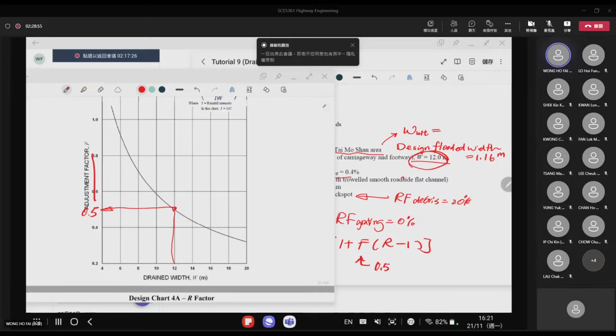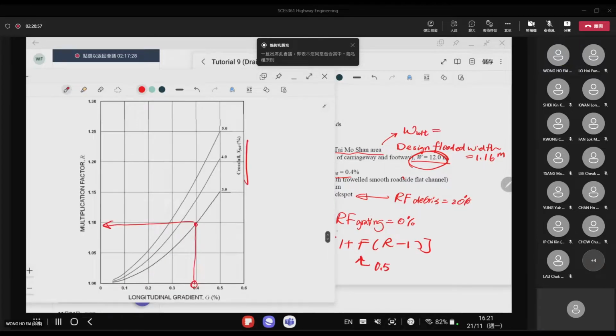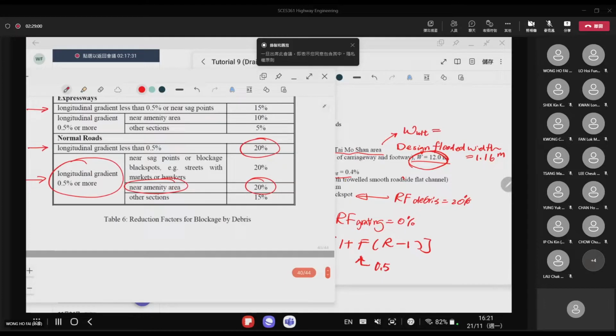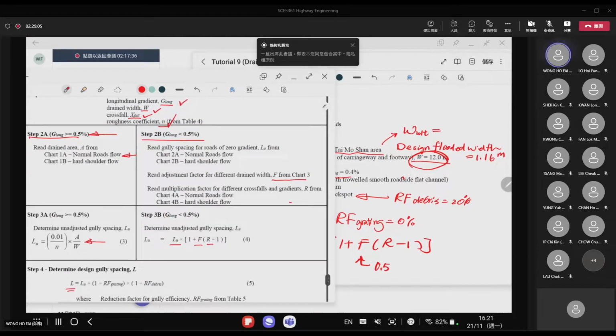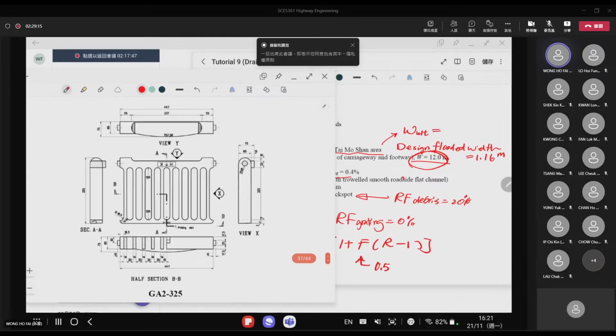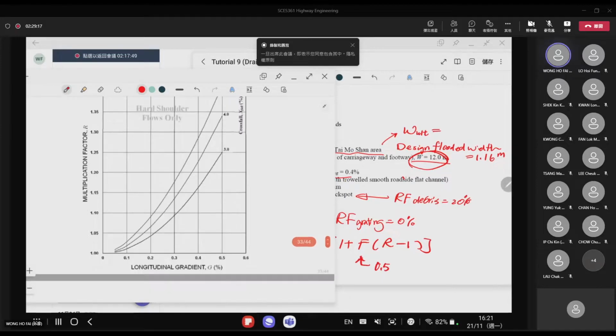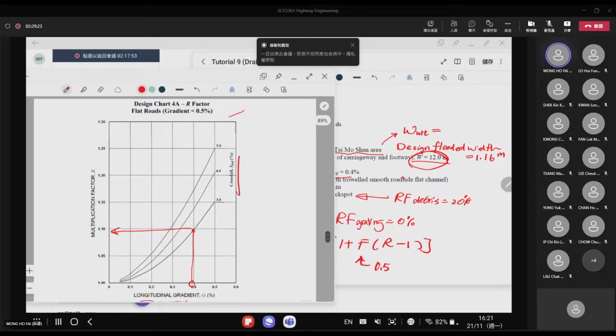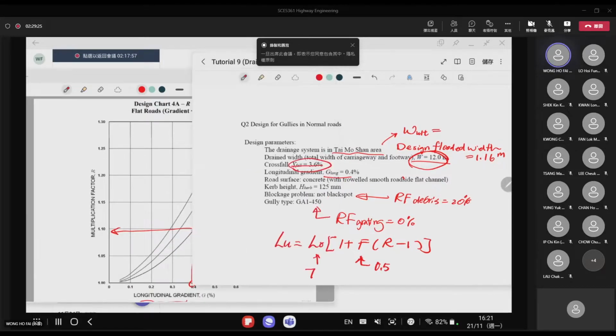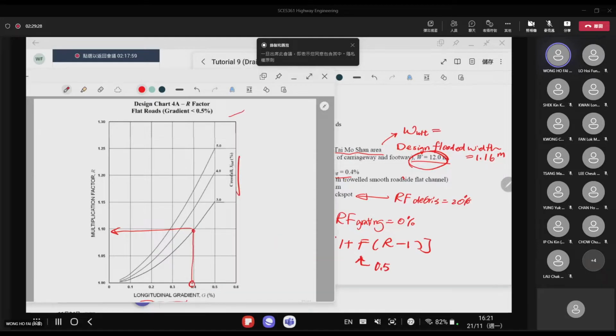And then finally, you will determine the R. R will depend on the chart 4A here. So you will go to the chart 4A. Then you can see that your longitudinal gradient is equal to 0.4, so you use this 0.4 here.